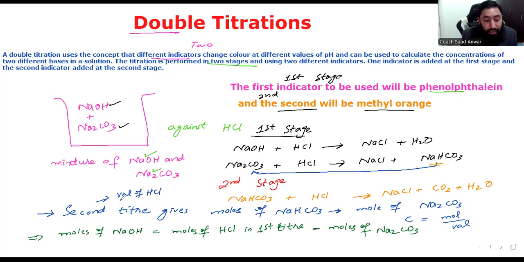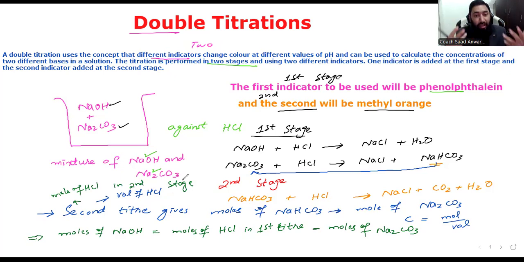Keep in mind, second titer means volume of HCl, or you can say moles of HCl in the second stage. So note down the last two points. That is really important. That will really help you to do the calculation.